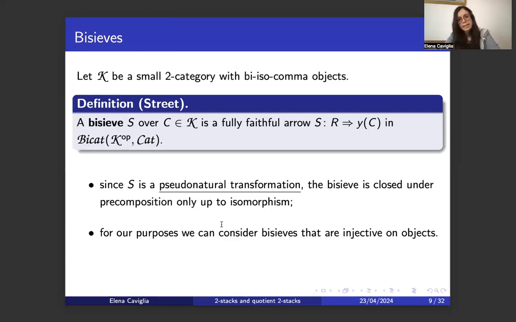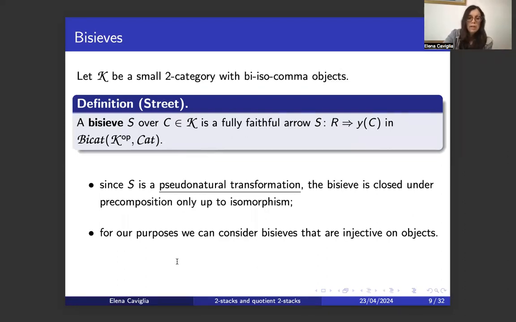And then here we are not asking that this arrow is injective on objects. And this is a bit of a problem, because this is what guarantees that we can really speak about a morphism in the sieve. And this is something that we want to do because it's easier to work in these terms.